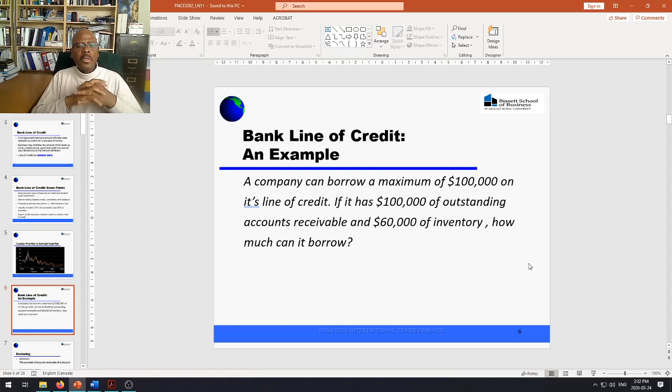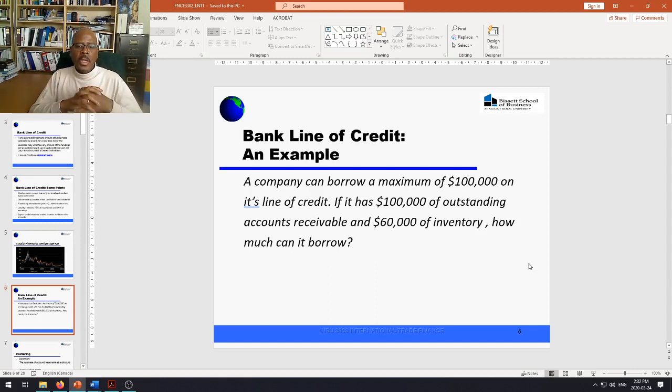So here's an example of a line of credit. Suppose a company can borrow a maximum of $100,000, and the line of credit will sometimes have a limit based on a percentage of your inventory and your accounts receivables.